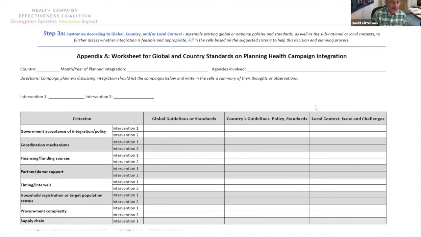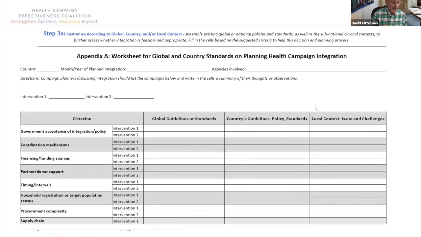First things first, if you take a look at all of the criteria, all the considerations for integration, we would believe that there may be global guidelines and country and local context issues that need to be considered, either the guidelines exist or they would have to be developed in order to make these things happen.